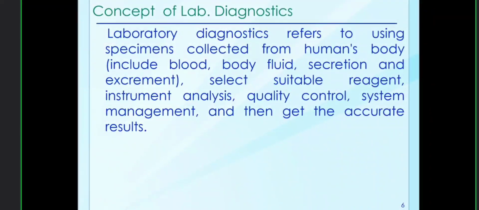Laboratory diagnostics refers to using a specimen collected from the human body, including blood, body fluid, secretion, and excrement. And we will select suitable reagent and some instrument analysis, quality control, and system management, and then get the accurate results.